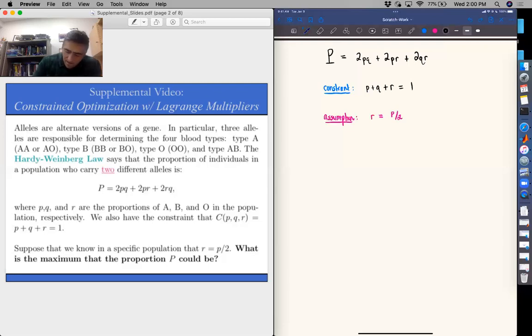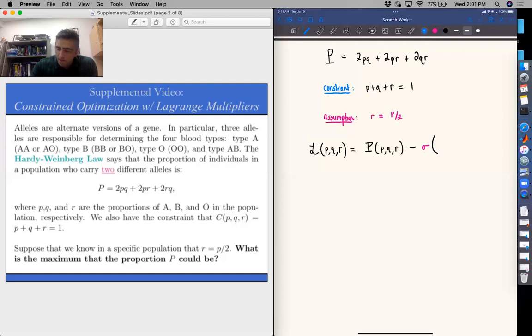Well, this is a constrained optimization problem using Lagrange multipliers. So we have our Lagrange function. The Lagrange function is a function of the variables p, q, and r. We'll get rid of the r shortly. That's going to be equal to capital P, the proportion function, which is a function, again, of little p, little q, and little r. And then we subtract off our Lagrange multiplier times the constraint.